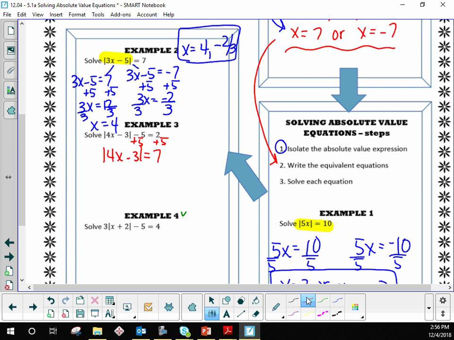A few things to remind you after coming around and answering a few questions. One is that you don't want to make your two equations until you've isolated the absolute value and it's all by itself. We wouldn't do it from the very first step. We want to make sure it's all by itself. So now that's all by itself. You take out what's inside the absolute value. Hayden, what's inside the absolute value?